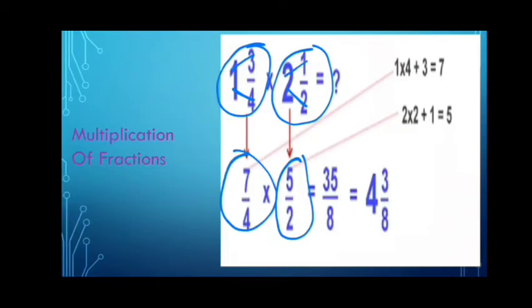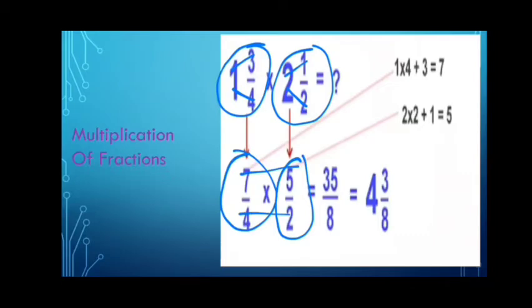Now since you cannot cancel out, multiply the numerator and the denominator separately. So 7 times 5, 35, and 4 times 2 is 8.